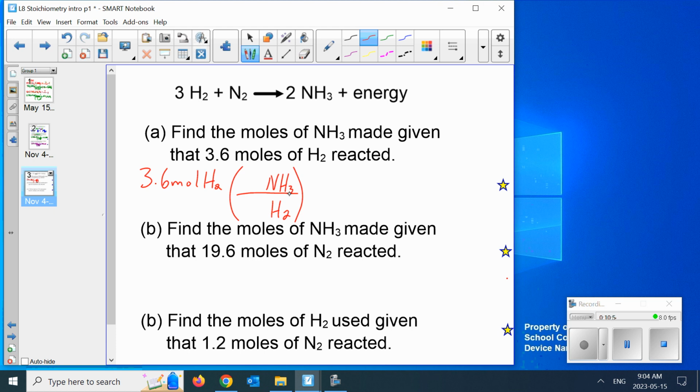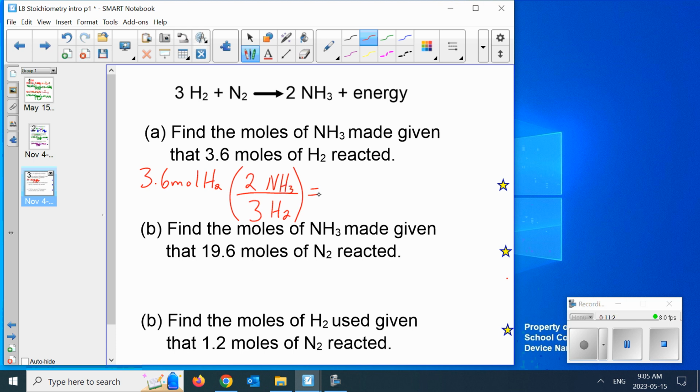I look up the balance numbers. There's 2 NH3s for every 3 hydrogen. So times 3 divided by 2 is what I'm going to do. 3.6 times 3 divided by 2. Oh, I said it backwards. Oh, times 2 divided by 3.